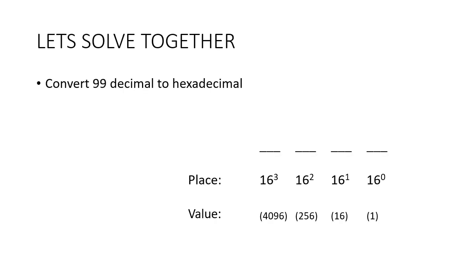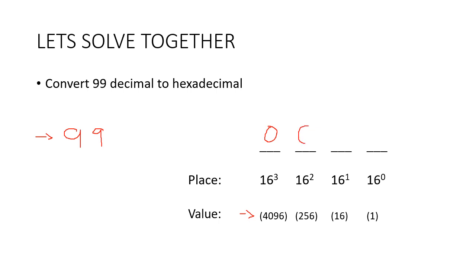Okay, so the problem is convert 99 decimal to hexadecimal. And to do this, we solve left to right. We're going to start at our leftmost position, which is the 4096's place. We take a look at our original number and we say, is this number divisible by this number? If the answer is no, we put a 0. Okay, 4096 does not go into 99, nor does 256.